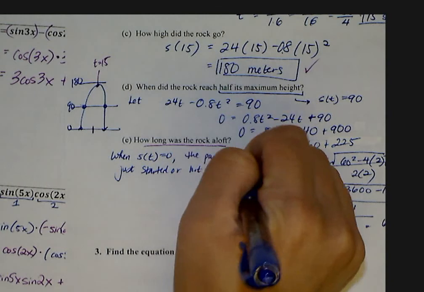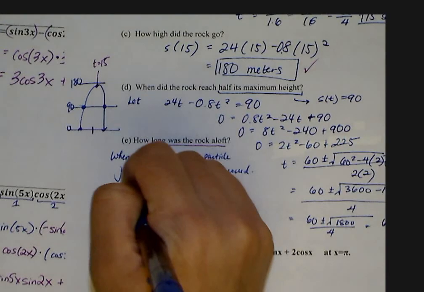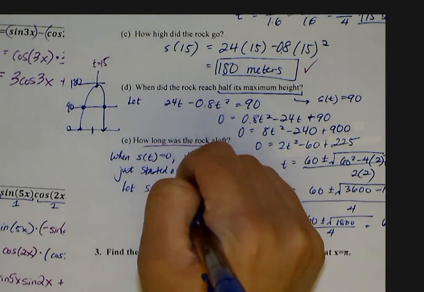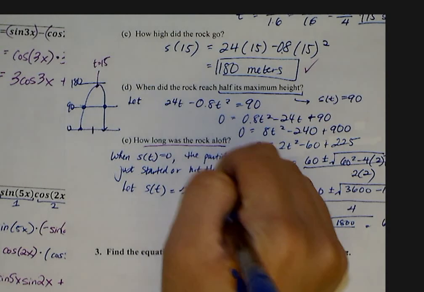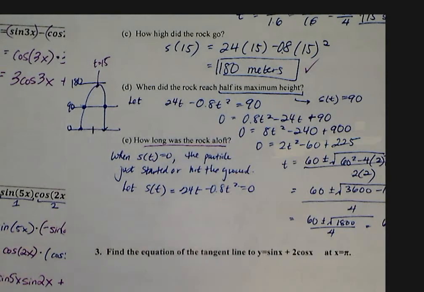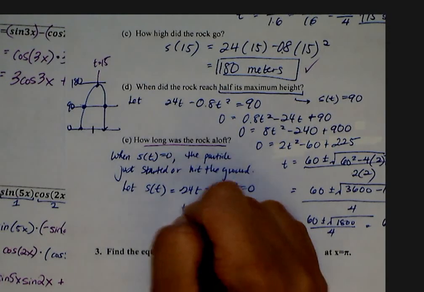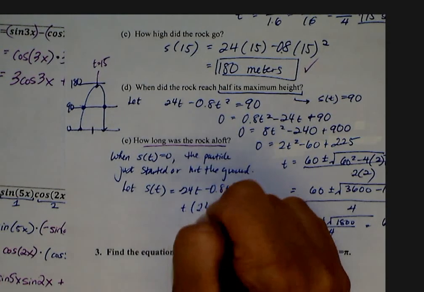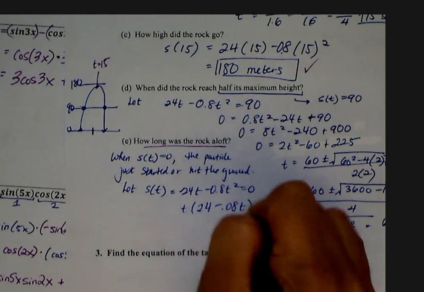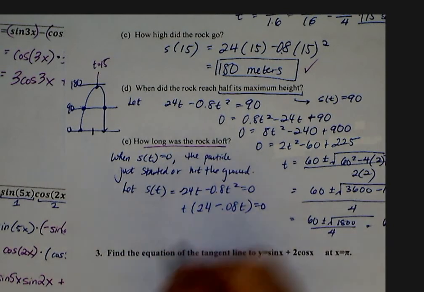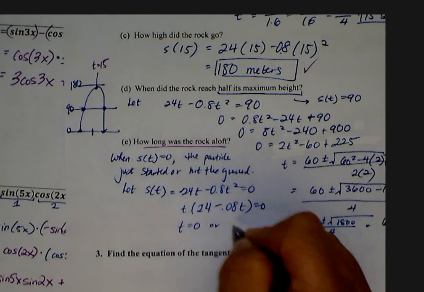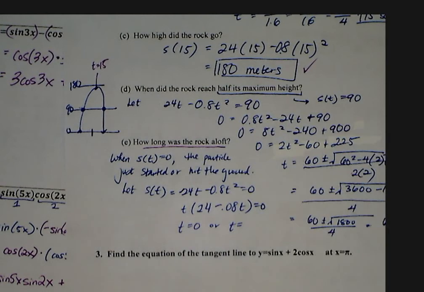So let s of t, which equals 24t minus 0.8t squared, equal 0. So if I factor out the t, I get t times 24 minus 0.8t equals 0. So then t equals 0 or t equals 30. Miss Han, what did you just do? Why did you make this 24?